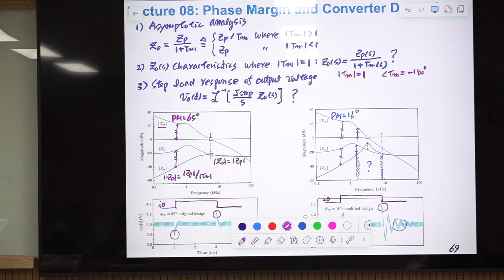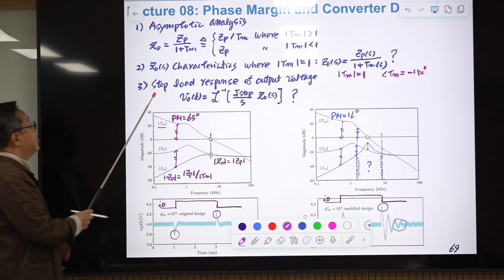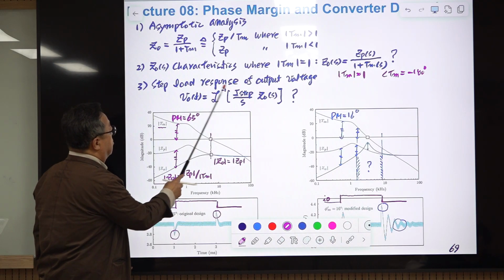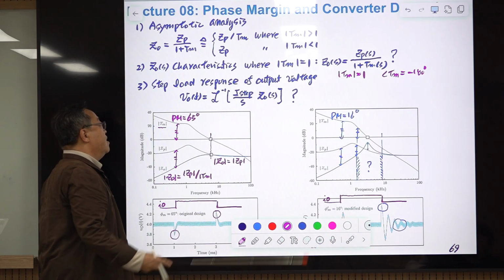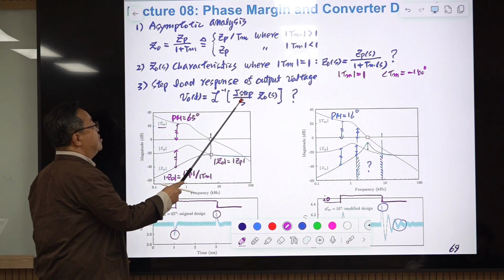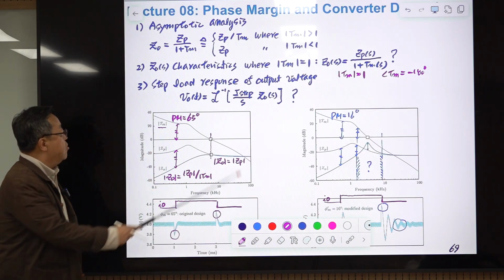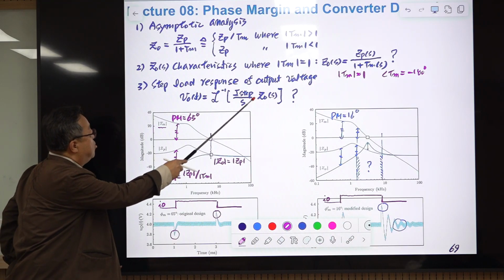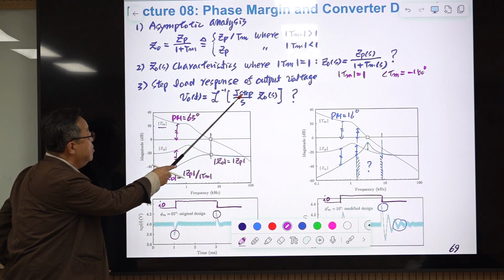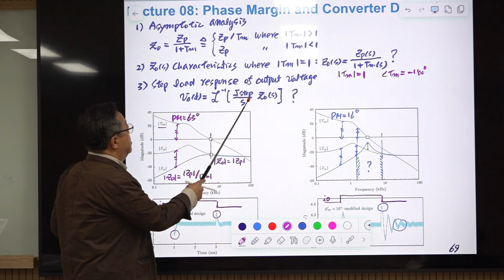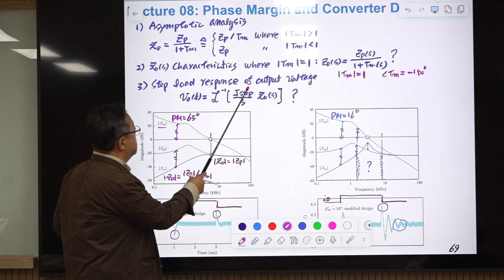Another one is that this Go is closely related to the output voltage response due to a step change in the load current. We went through this several times. So this is the S-domain expression of a step change in load current, output current. I step is the size of the step change, and divided by S is the S-domain expression of it.